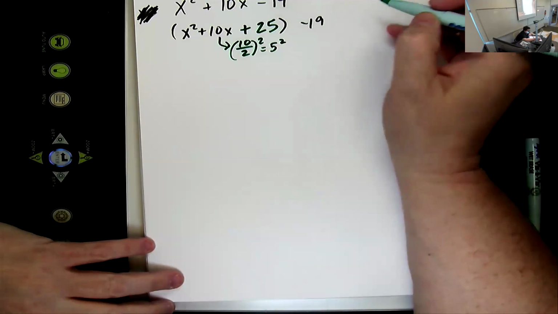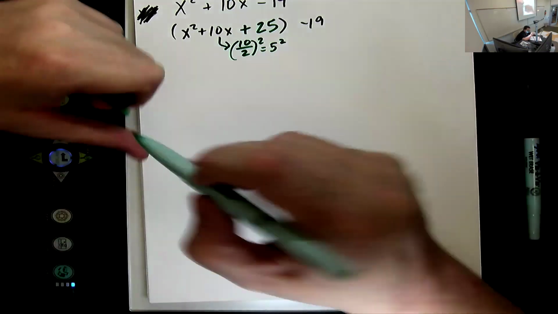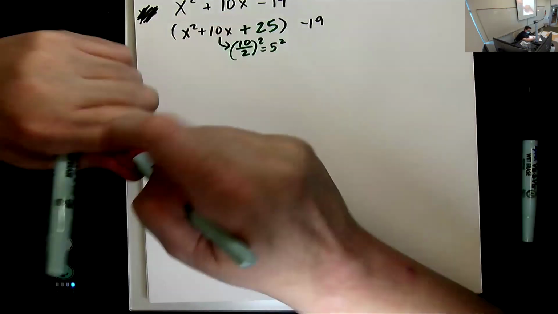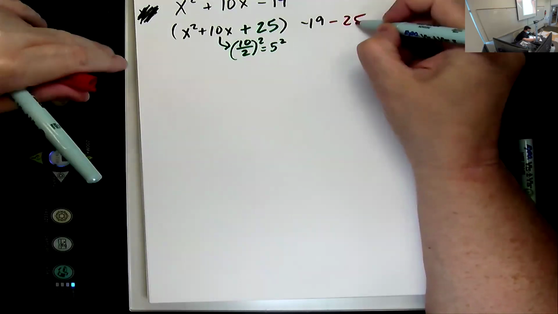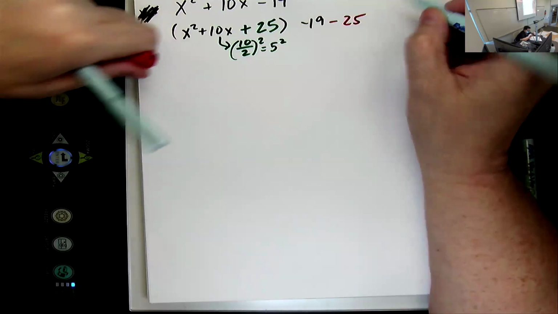I don't want to change the value, so to counteract a positive 25 on the inside, I'm going to do minus 25 on the outside, because there's no modifier on the 25.